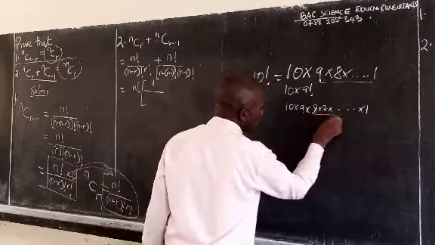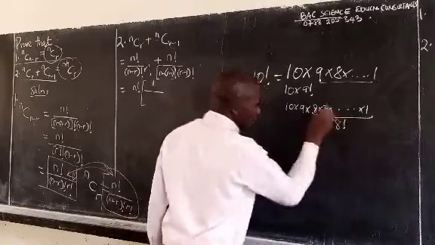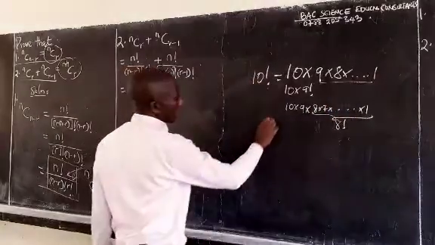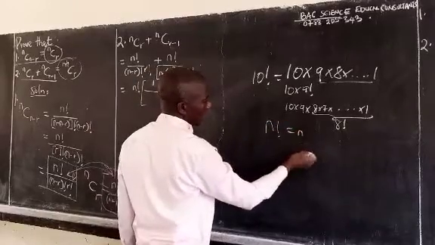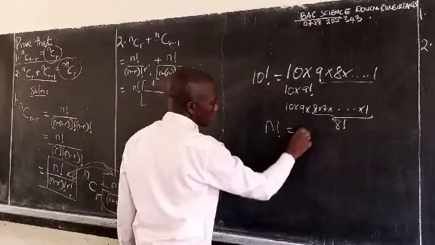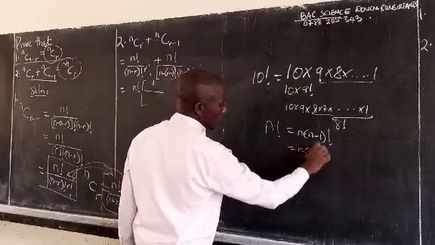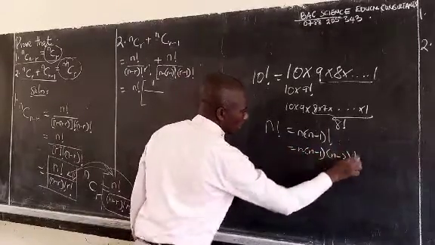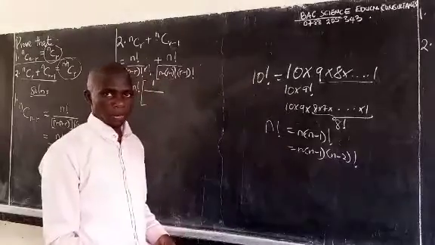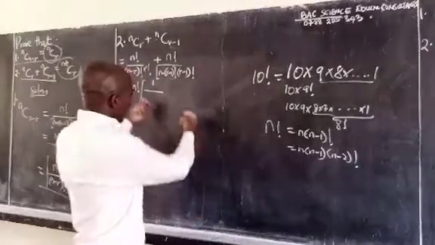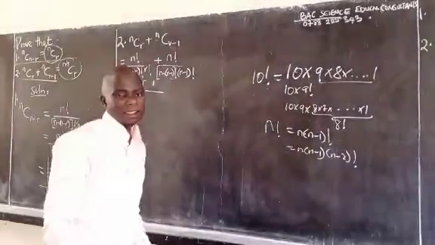But you see from here, this is 8 factorial. So that is to say that n factorial is n times n minus 1 factorial, which can be n into n minus 1 into n minus 2 factorial, and etc. Okay? So we are going to use that knowledge, and then we shall apply it there.